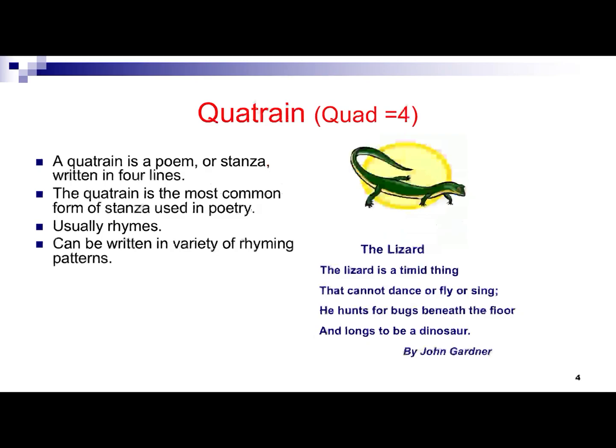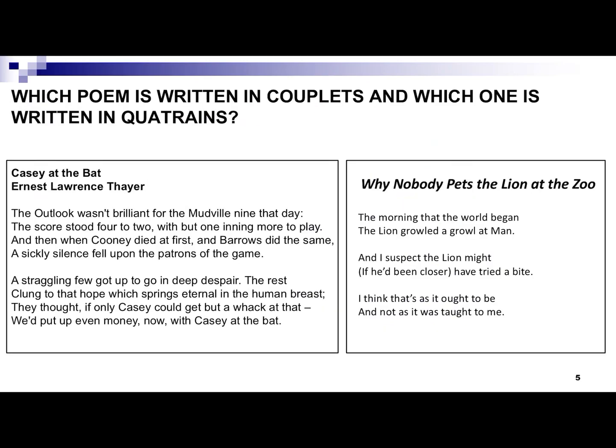In this poem, the rhymes are in lines 1 and 2, and then 3 and 4 rhyme. But like I said, it could vary depending on how it was written. So now that you've gotten a little bit of an idea of what those two types of poetry are, here are two familiar poems to you that we worked with last week, Casey at the Bat and Why Nobody Pets Lions at the Zoo. Which poem is written in couplets and which one's written in quatrains?